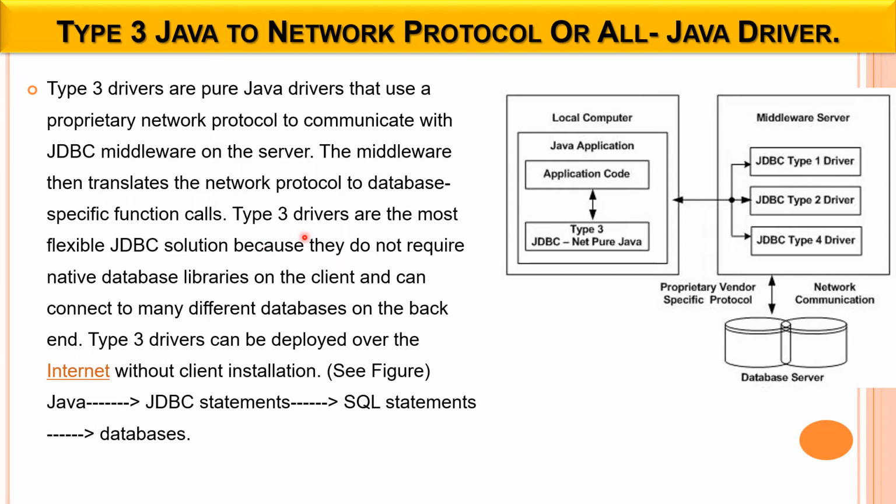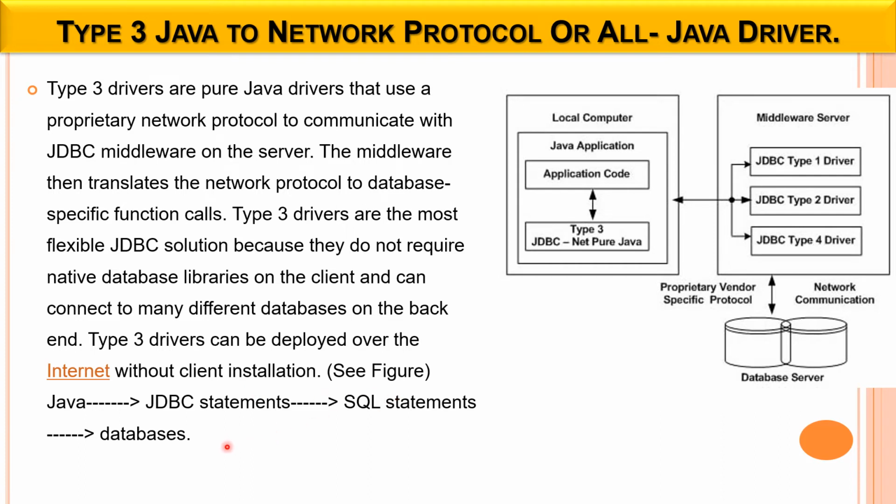Type 3 drivers are the most flexible JDBC solution because they do not require native database libraries on the client and can connect to many different databases on the backend. So type 3 drivers can be deployed over the internet without any client installation.